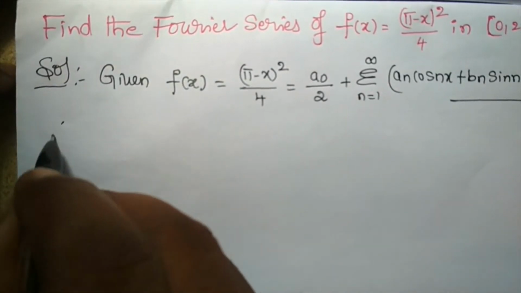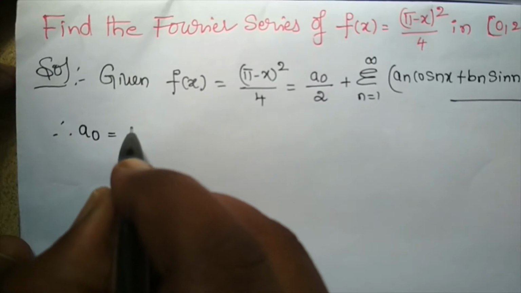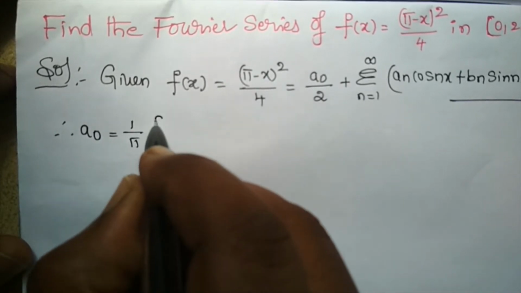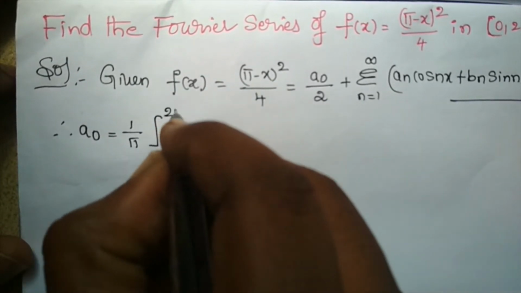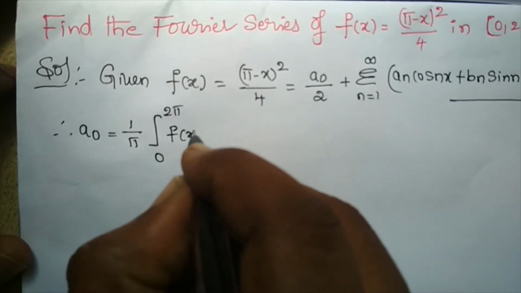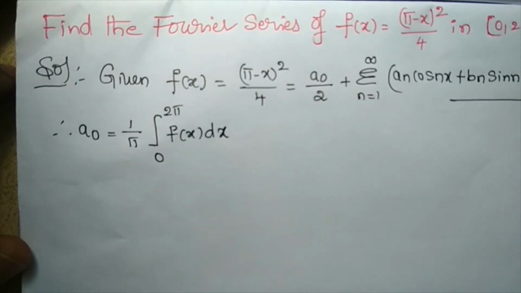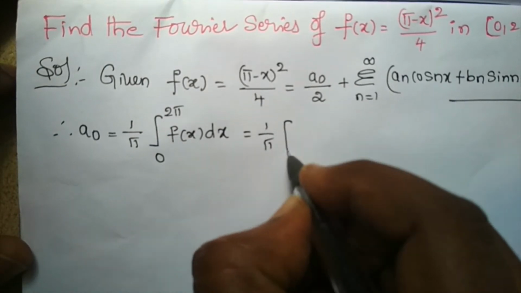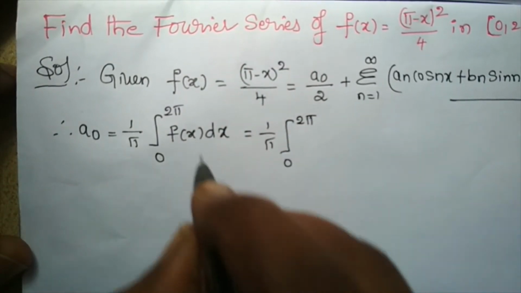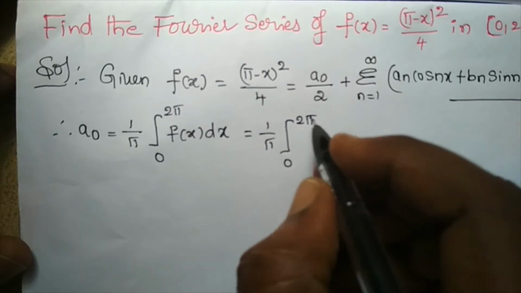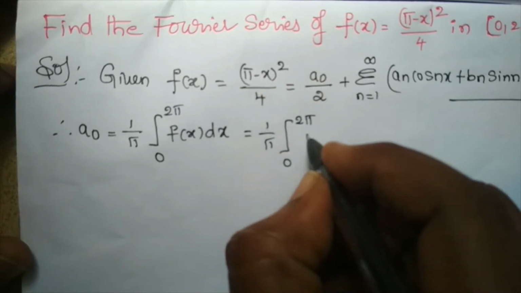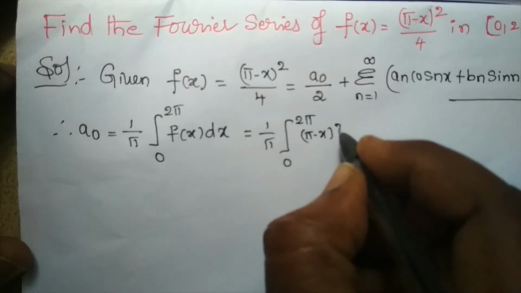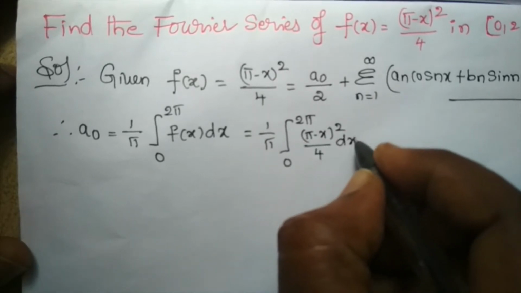So the a0 formula is 1 by pi into integral 0 to 2 pi f of x dx. Here f of x is (pi minus x) whole square by 4, into dx.